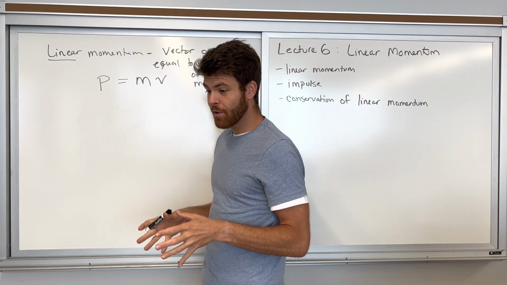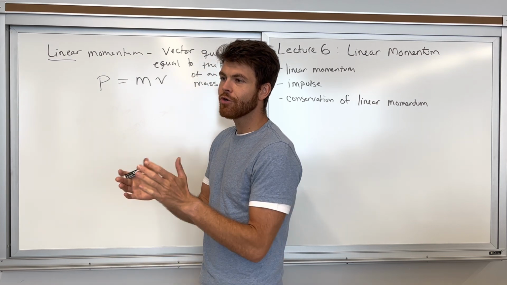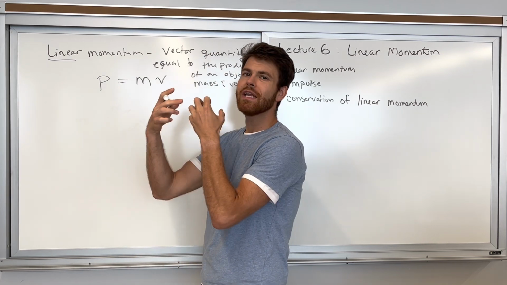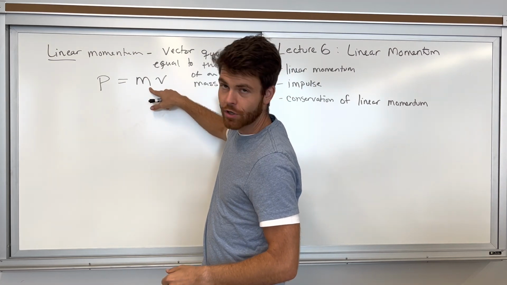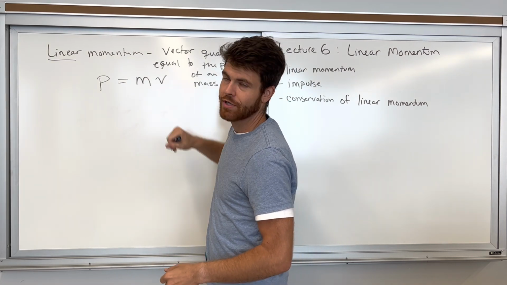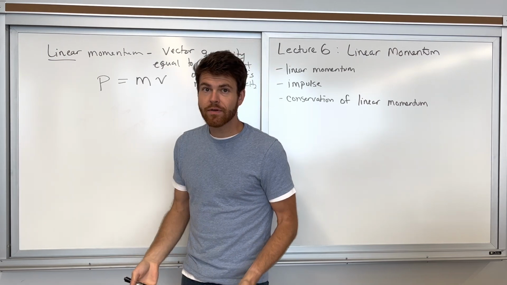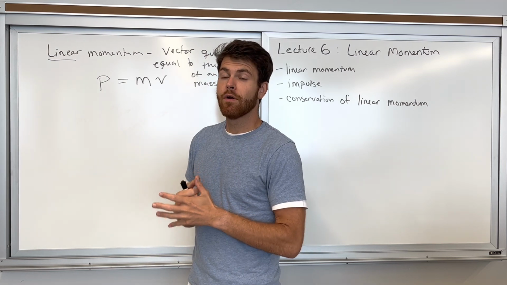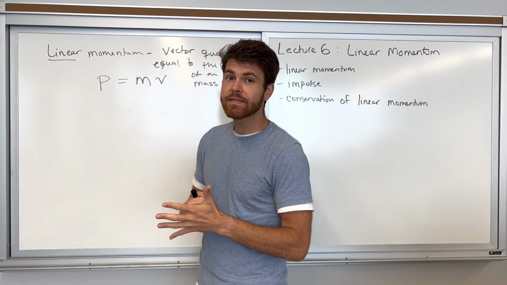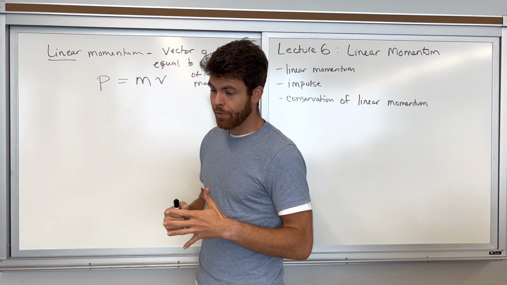So it is associated with motion, and it is kind of a way to quantify the inertia and the motion at the same time, because it includes the inertial term, the mass, and the motion, the velocity. And so if an object has a lot of momentum, then it's going to be hard to stop, right? Because it's either moving very fast, or it has a large mass, or both, right?